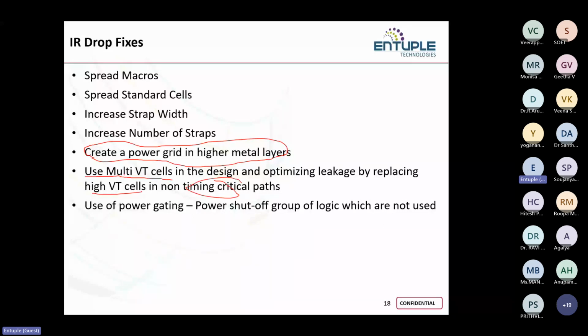These VT cells you will get from the technology foundry. And also power gating and clock gating. Power gating basically turns off a particular group of logic which is not active at certain times. These are the techniques you can use to avoid IR drop.